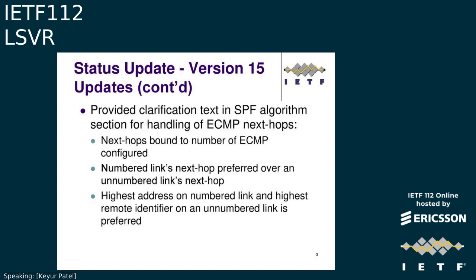Once you've bounded the number of next hops to the number of ECMPs, a numbered link next hop is always preferred over an unnumbered link next hop. And when you are looking at numbered links, the highest address on the numbered link, as well as the highest remote identifier on the unnumbered link, is always preferred. This will always ensure deterministic next hop selection for the ECMPs. Next slide, please.